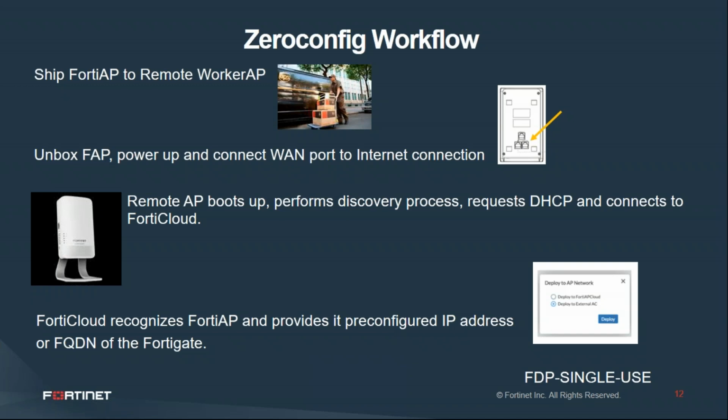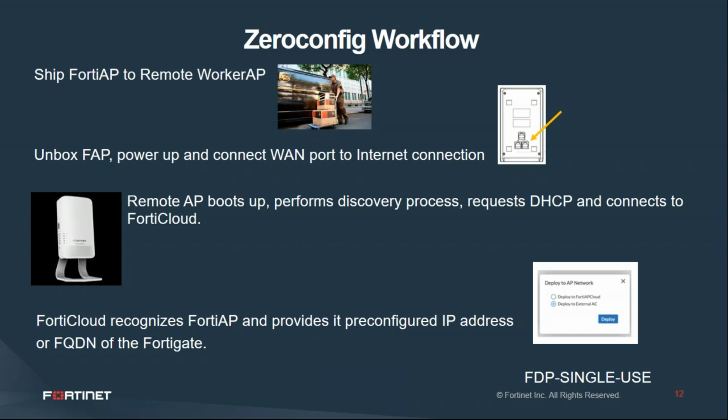So you simply ship the access point out to your remote worker. Your remote worker will unbox the access point, power it up with the power adapter that you've included, and connect the WAN port on the Forti access point into their DSL modem or their cable router, whatever they have.